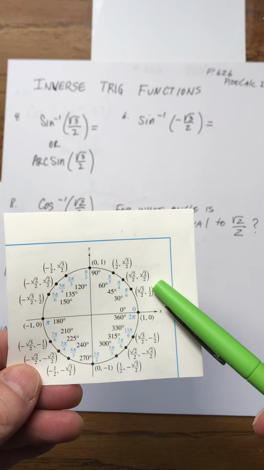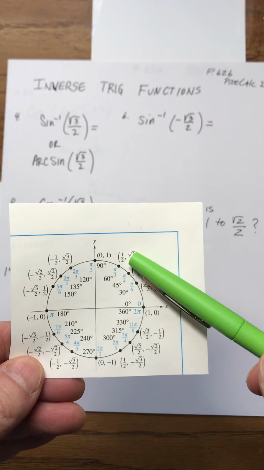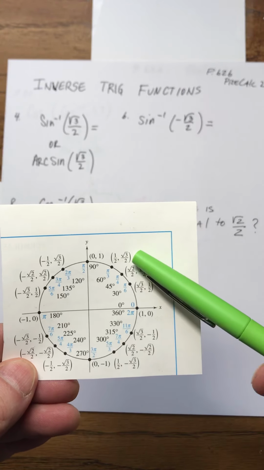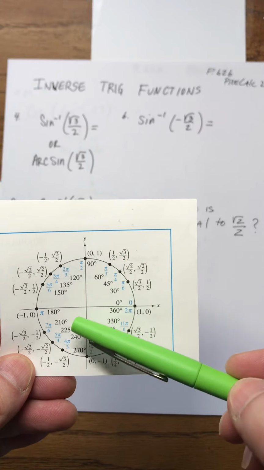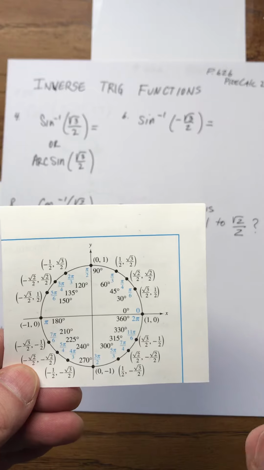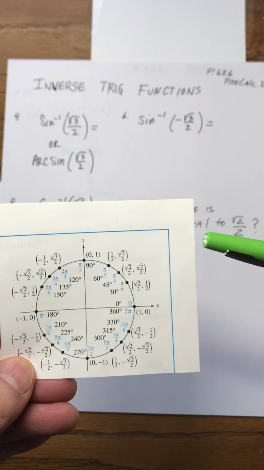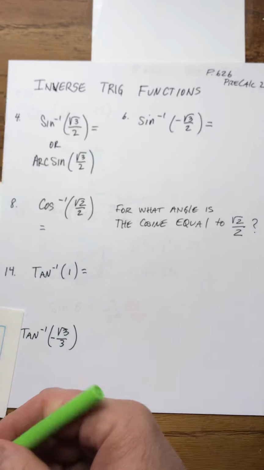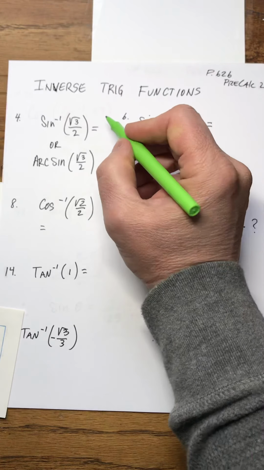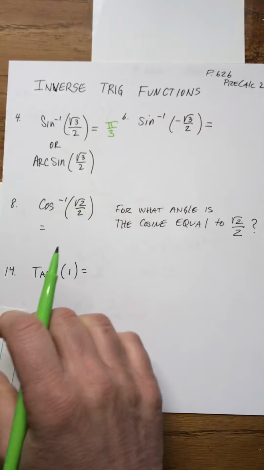So, I'm sorry, it would be at pi over 3. The sine is always the y-coordinate, right? In the unit circle where the radius is 1. And what would happen is we would get the square root of 3 over 2 over 1, which is opposite over hypotenuse. So this one, the square root of 3 over 2, would be pi over 3.